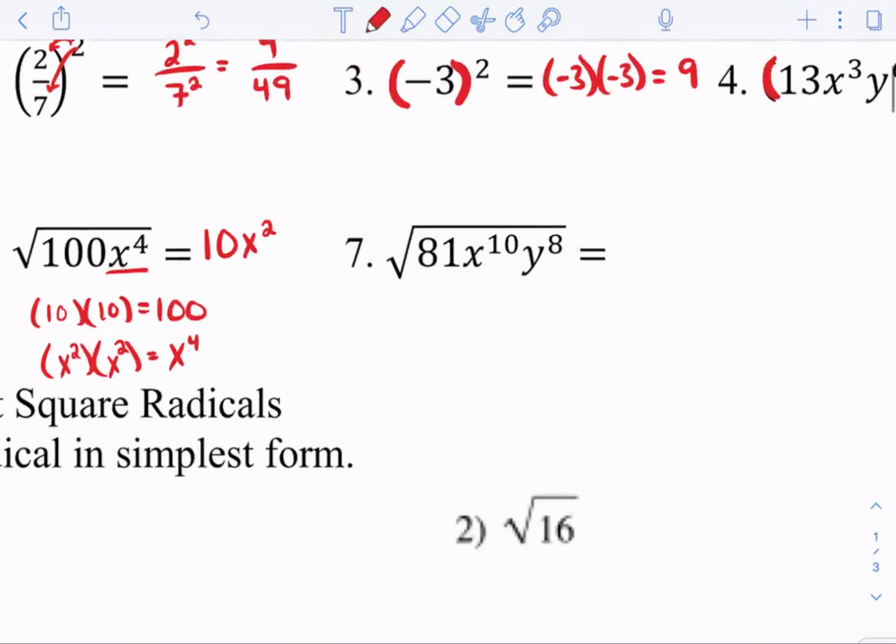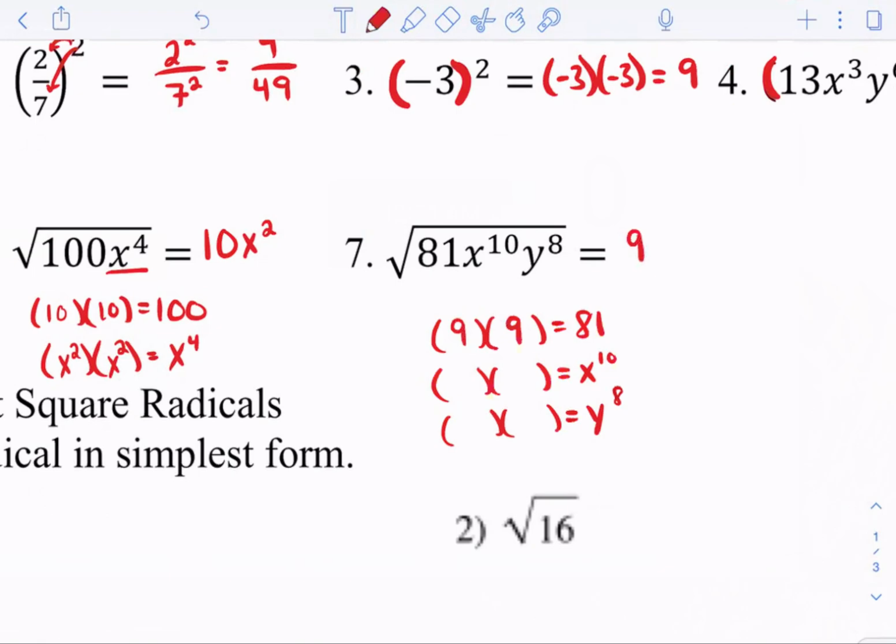Now see if you could do this next one. What number times itself will give you 81? What variable times itself will give you x to the 10th? And what variable times itself will give you y to the 8th? So the square root of 81 is 9.